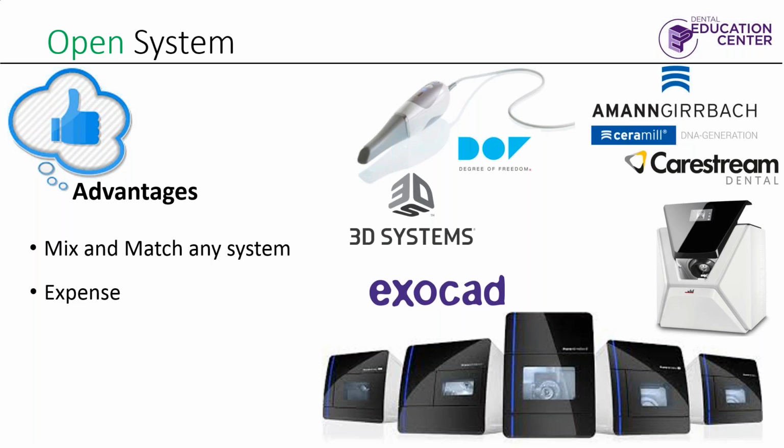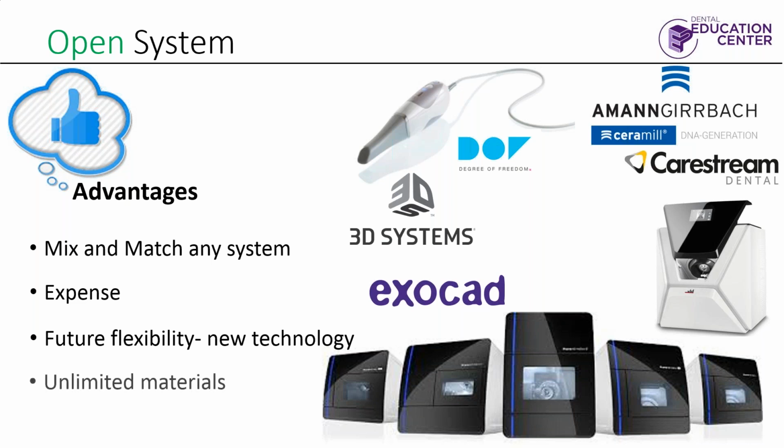The expense tends to be, like I said, a half or less of what some of those chairside systems are. This gives you future flexibility. So, like I said, if something comes out in the future that you want to change out, you can.